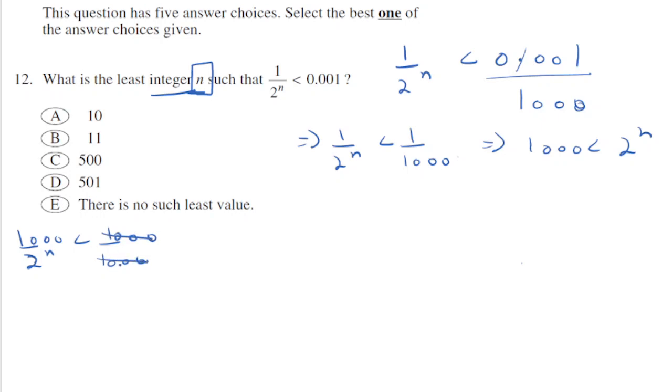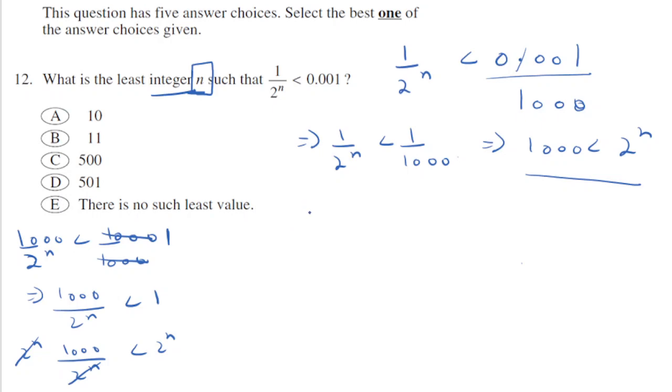So these two get cancelled out and we have 1. So we got 1000 by 2^n less than 1. And in the second step I multiplied both sides by 2 raised to the power n. So this becomes 1000 less than 2 raised to the power n.